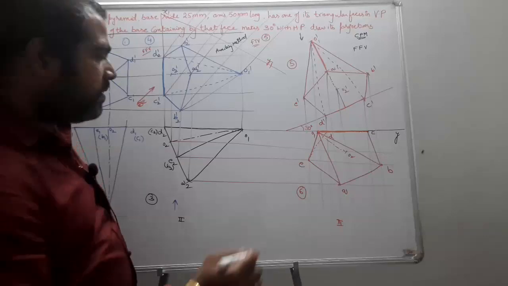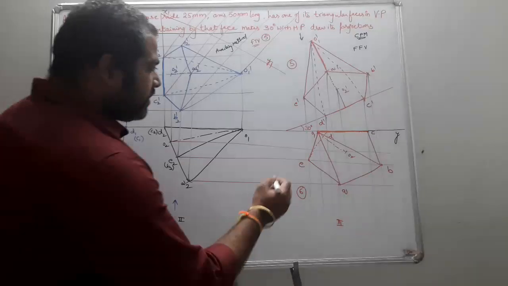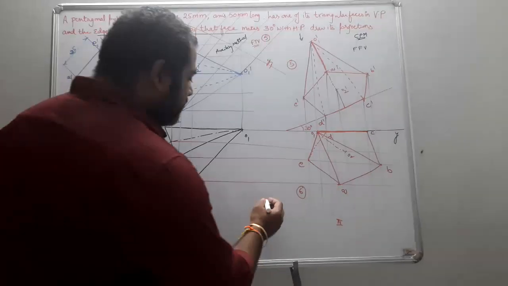Okay, I will write this point. D comma C, D comma E, and O1 comma D are dotted lines generally.